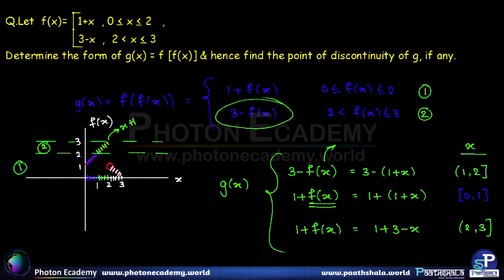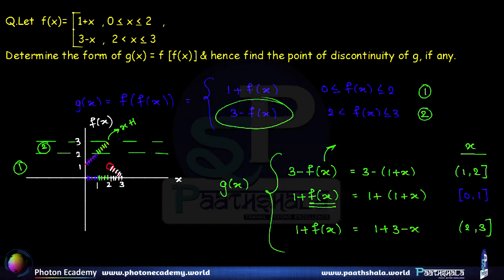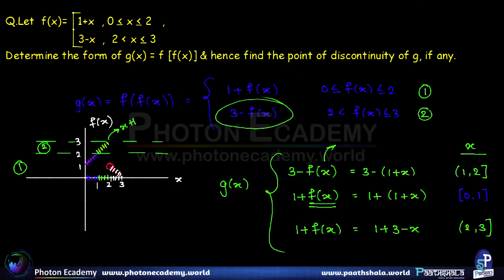Now let's check the points for continuity. We will have to check continuity at all those points where the definition of the function is changing. So it is at 1 and at 2. So the positive side limit should be equal to the negative side limit. So let's check for 1 first.